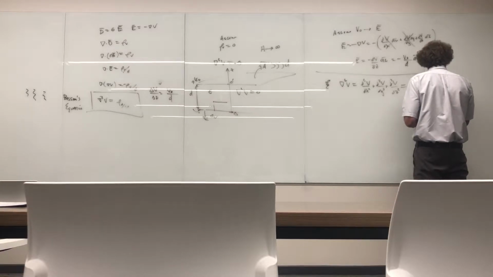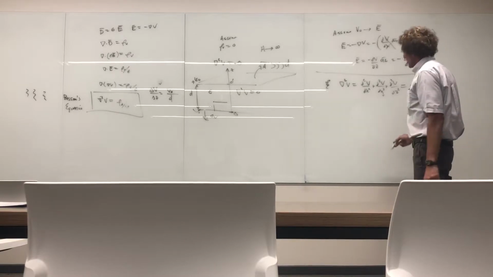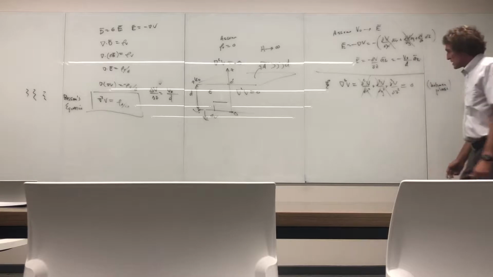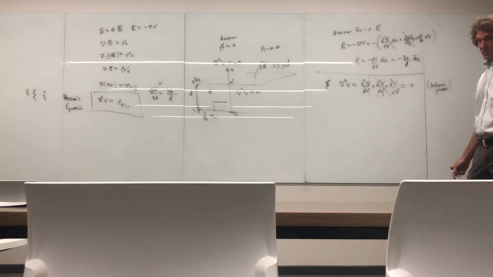I'm going to make the case that the x and y derivatives you don't care about, because V does not vary with x or y, given the extent of the area of the top and bottom plate. Make sense to everybody?